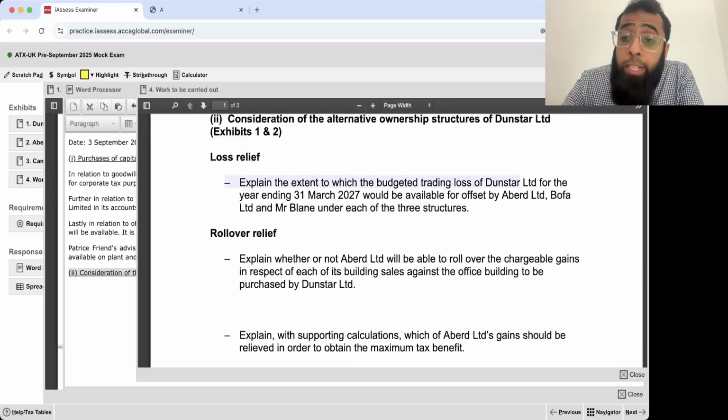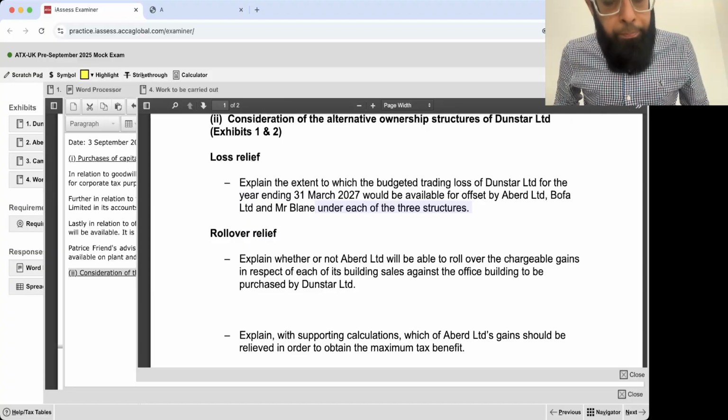Explain the extent to which the budgeted trading loss of Dunster Limited for the year ending 31st March 27 would be available for offset by Apparid Limited, BOFA Limited, and Mr. Blaine under each of the 3 structures.